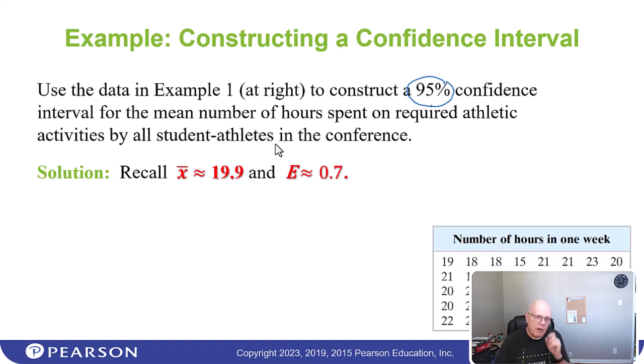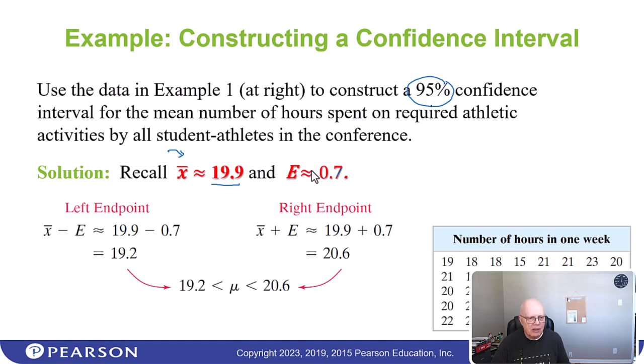But we did already find out that from our sample, the mean was 19.9 hours, and our maximum error is 0.7, our error tolerance. So there is our confidence interval, 19.2 to 20.6.